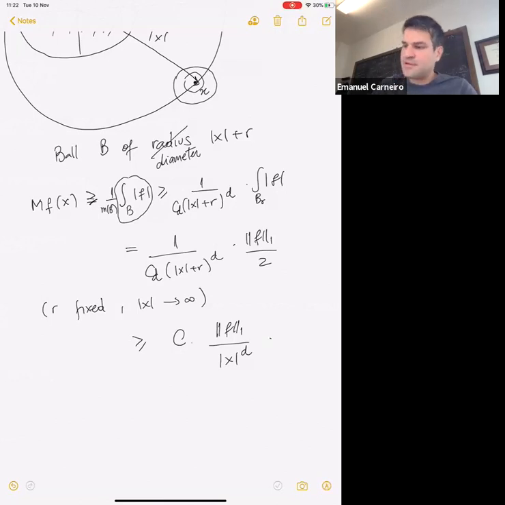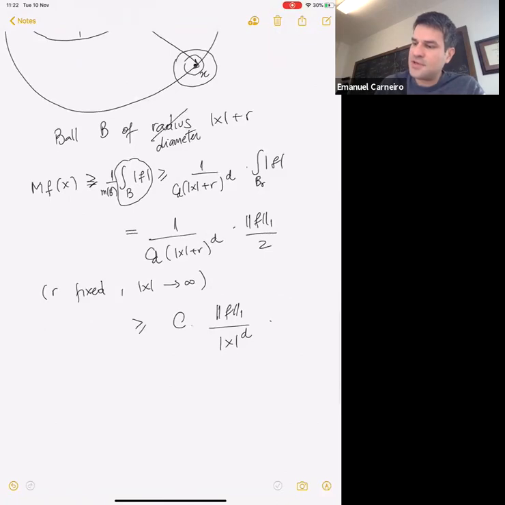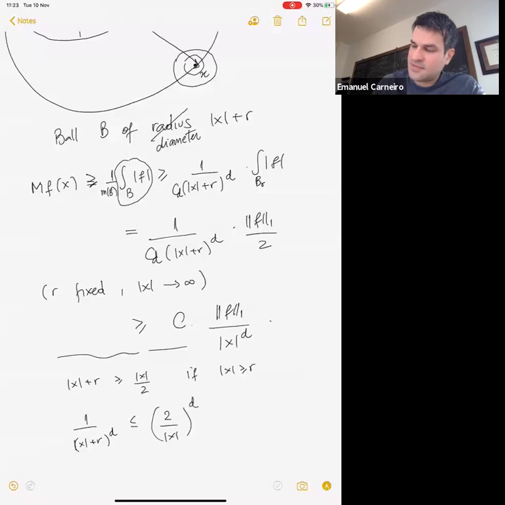For this I just used that |x| plus r is bigger or equal than |x| over 2, for example, if |x| is bigger or equal than r. So then 1 over (|x| plus r) to the d is less than or equal than 2 over |x| to the d. So if you just plug in this right here, you deduce this thing.